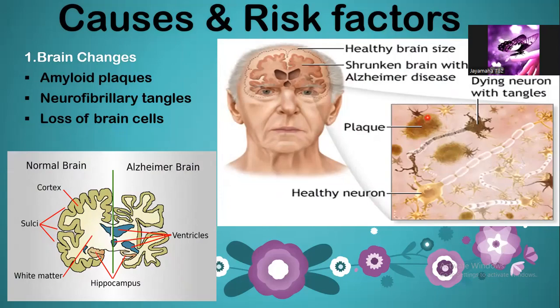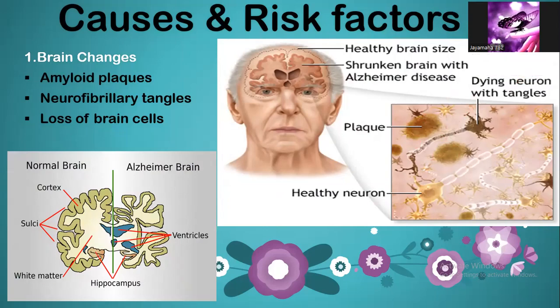Here you can all see the neurofibrillary tangles. According to the picture, you can see that this is a healthy neuron and this is a dying neuron with the tangles, which is affected by the neurofibrillary tangles.